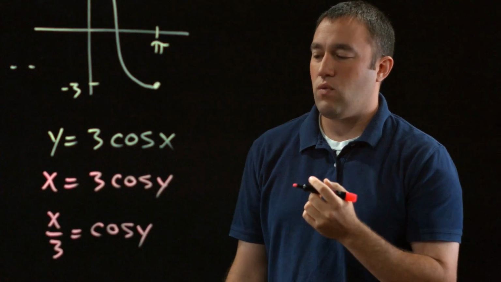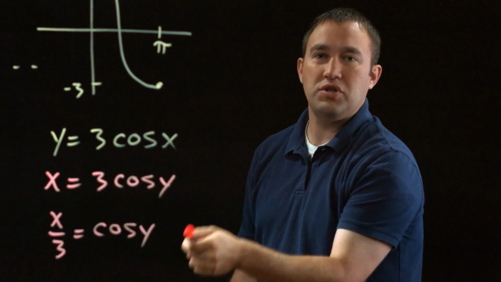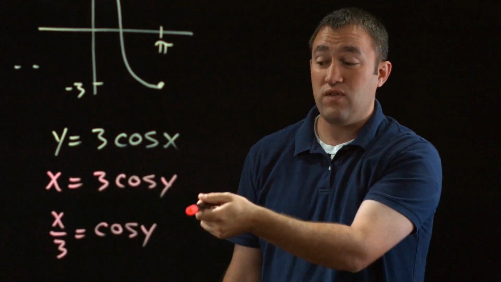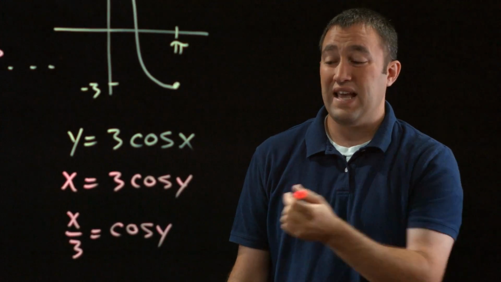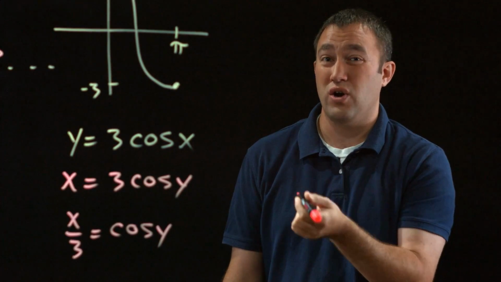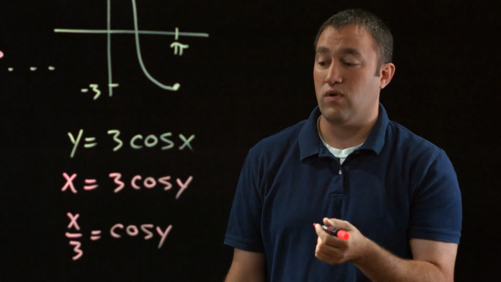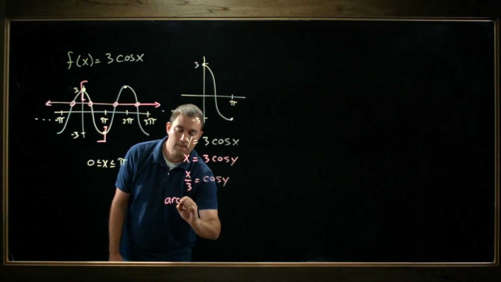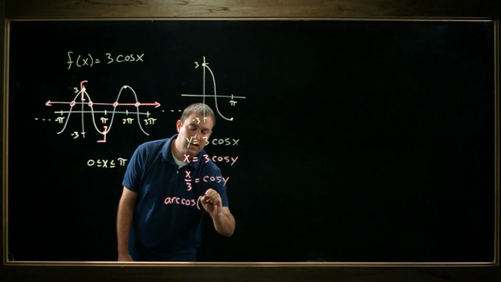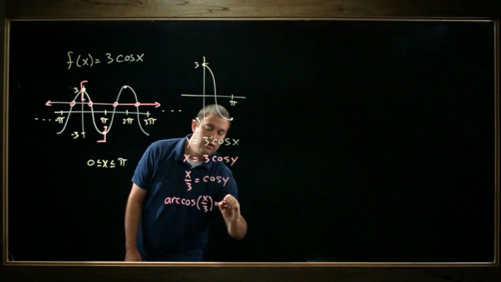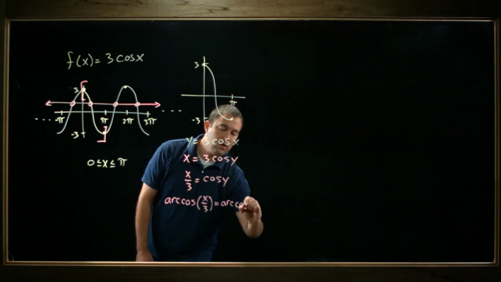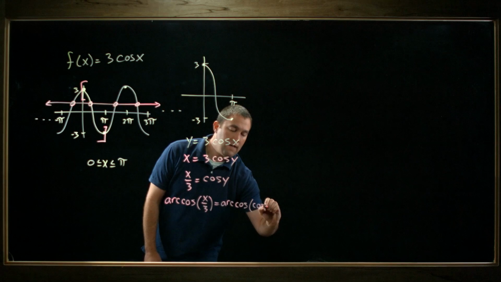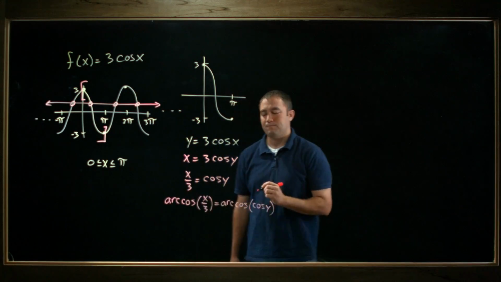When I've got a cosine y, the only way to undo this function and get y all by itself is to do the inverse of cosine y. The inverse of cosine y is arc cosine. So I've got to use that inverse function. So let me go ahead and do that. I'll take arc cosine of x over 3 equals arc cosine of y.